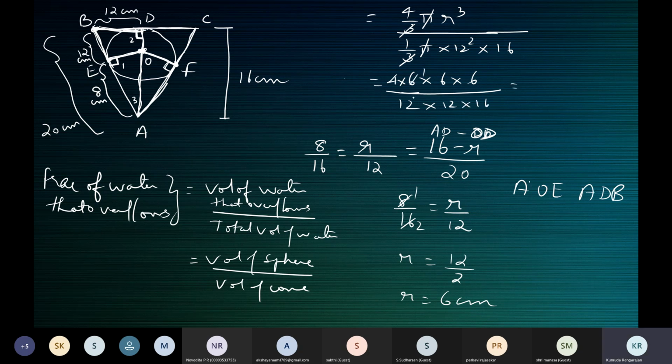So 6 ones are 6, twos are 2 and 2, and this 4 will get cancelled. And then what is remaining? 6/16, if I'm not wrong, which is 3/8. 3/8 of the water overflows. The fraction of water that overflows is 3/8.